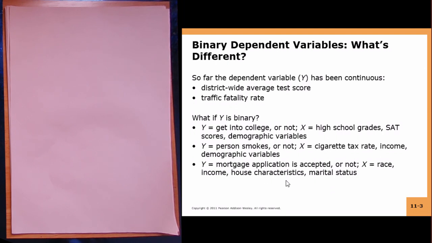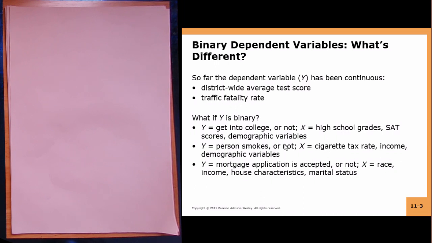So suppose you are interested in seeing what factors affect this. This might be the income of the applicant. It might involve the characteristics of the house that they are putting up as a security. It may depend on their marital status, whether they are married or not. It may also depend on things like their race. So this is another case where the application either gets accepted or denied.